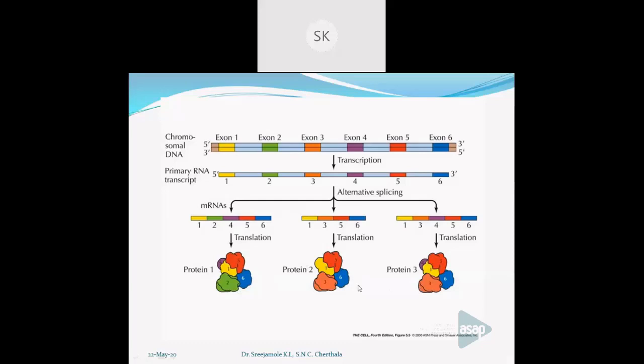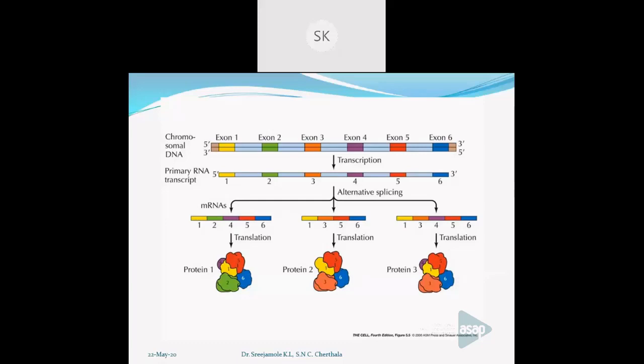So how this is being done is whether a splice site is being activated or it is skipped. This activation is done by some proteins known as splicing enhancers. So once the splicing enhancers attach to the splice site, it means that that particular splice site must be used.